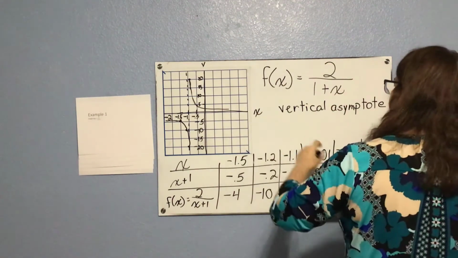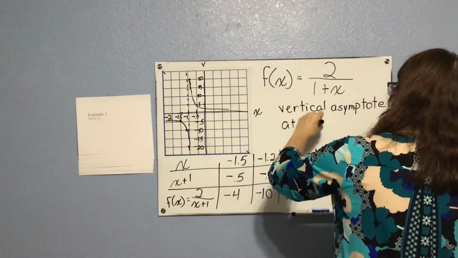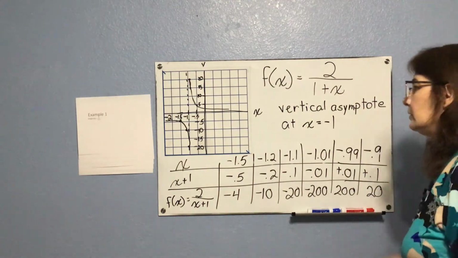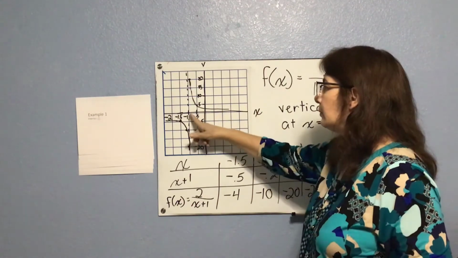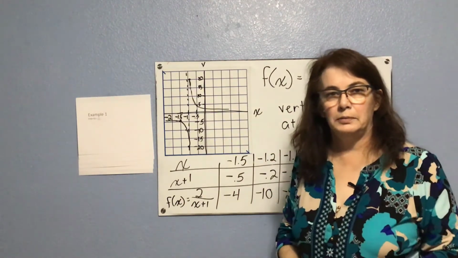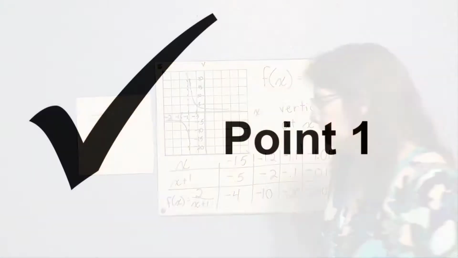So this graph has a vertical asymptote at x equals negative 1. The function is not defined there. So I've got a function that's in two parts with a break here at negative 1. Pause the video now and work on checkpoint 1.